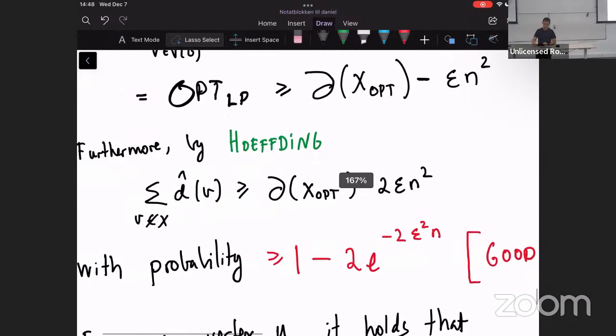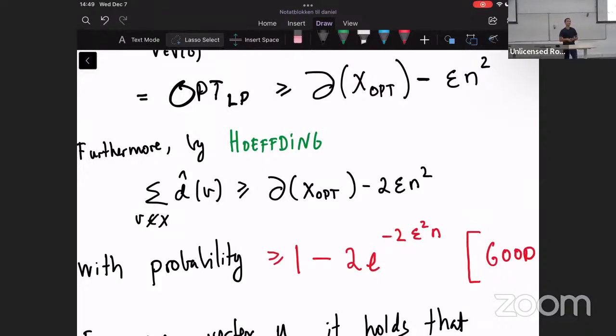Now, I'm not going to prove this, I'm just going to make you believe me. This is the sum of n random variables, each one of which has value between 0 and n.